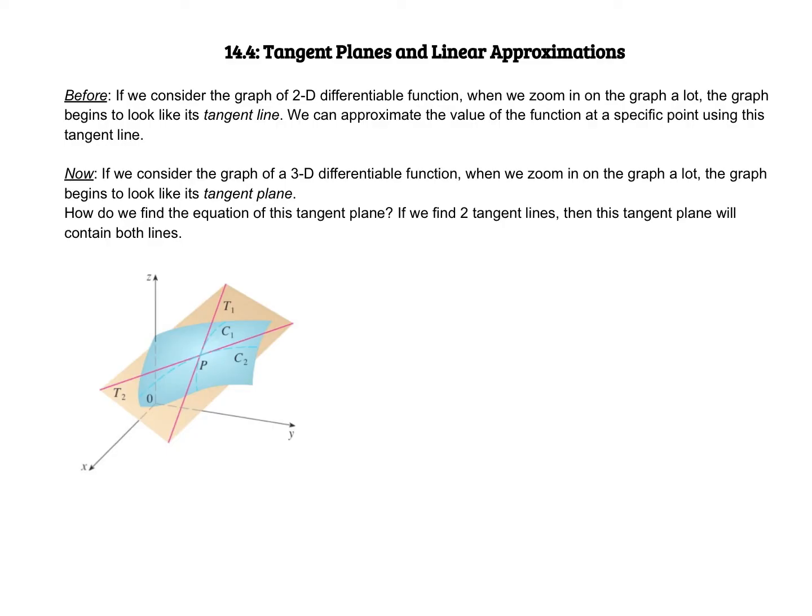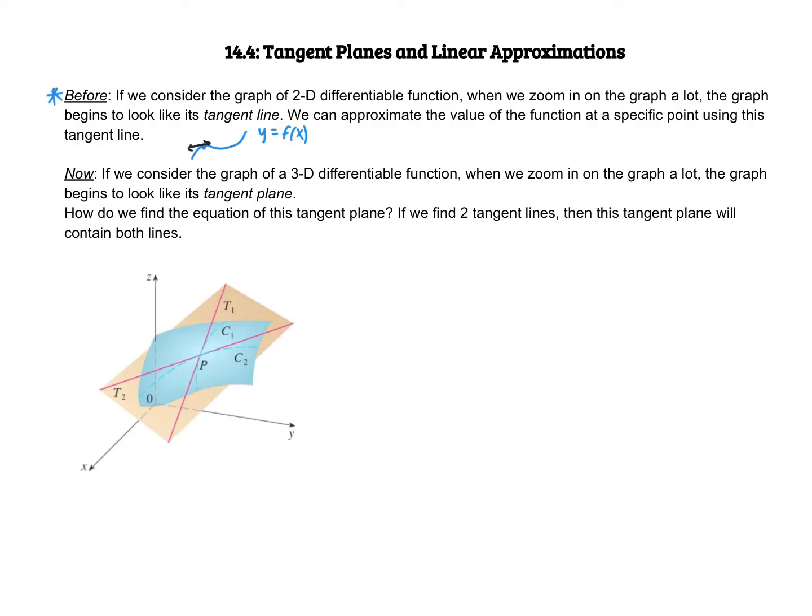So starting with what we did before this class, in Calculus 1 and 2, if we looked at the graph of a 2D differentiable function, when we zoomed in on the graph a lot, the graph began to look like its tangent line. So if we're looking at something like this, y equals f of x, and we choose a point and zoom in on that point a lot, then at that point, the graph begins to look like the tangent line.